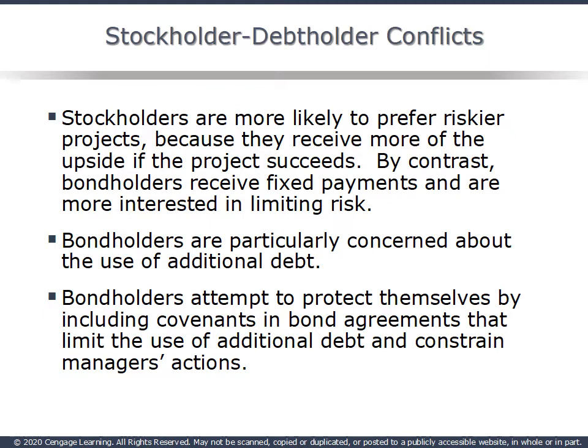And they're also going to put restraints on what managers can do. In other words, what types of risky projects can they take on? Because the bondholders don't experience any sort of additional return. As a matter of fact, it puts at risk their receiving their fixed return.